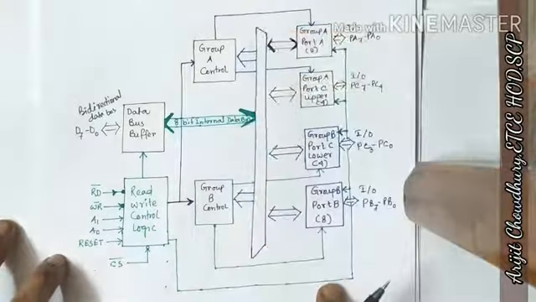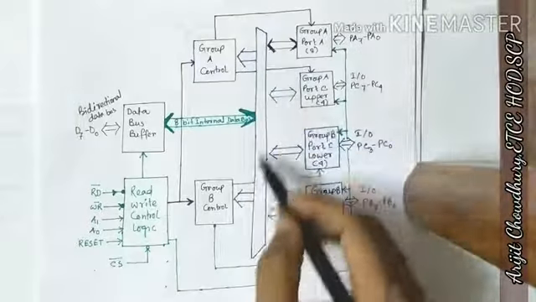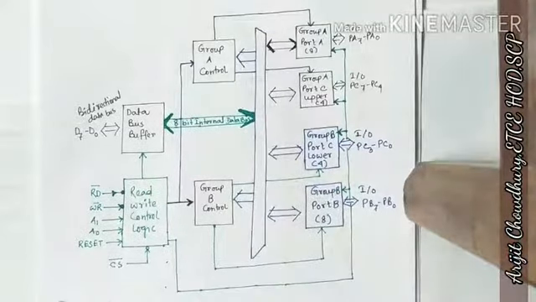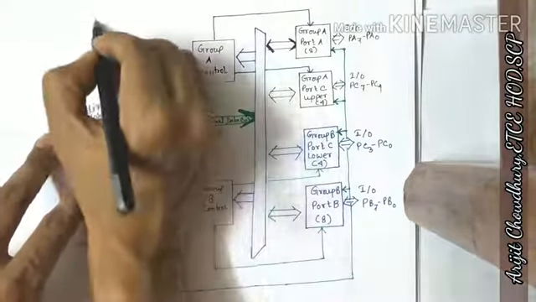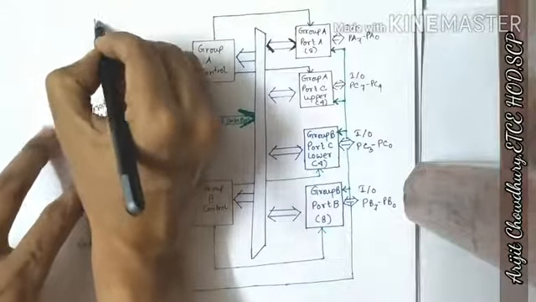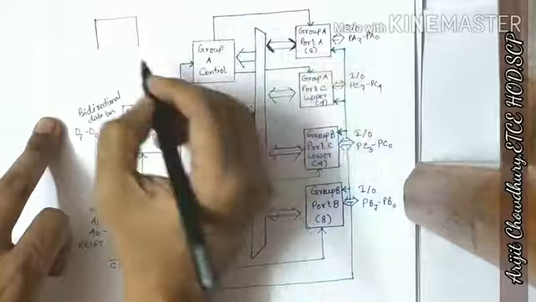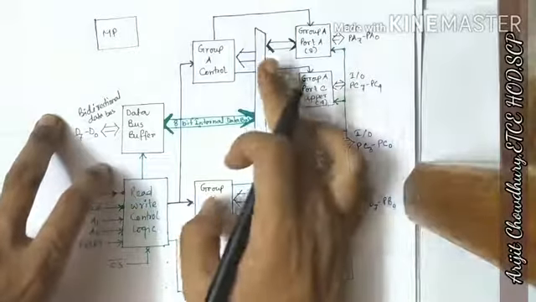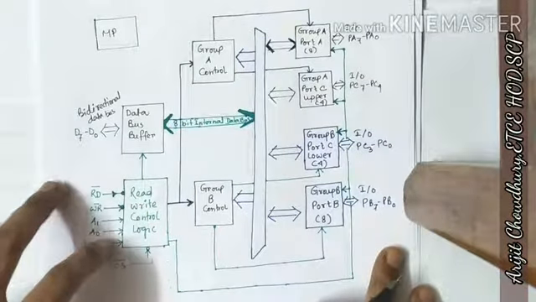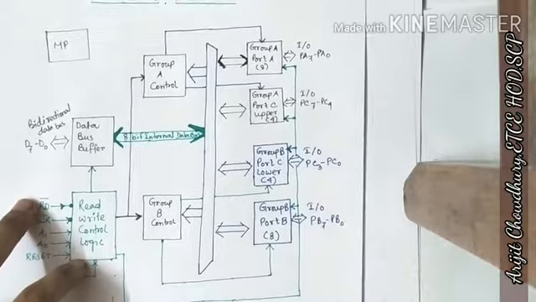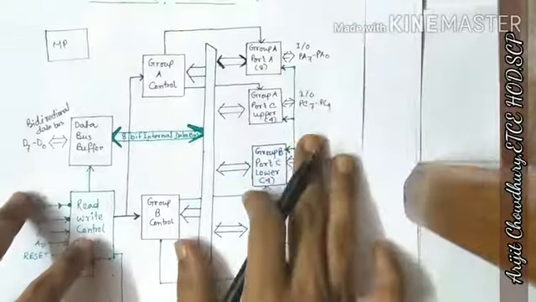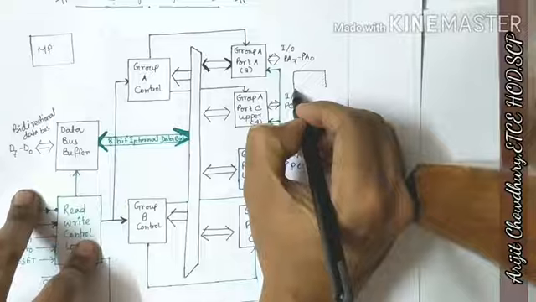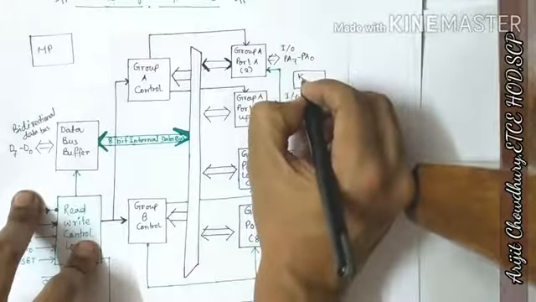The left side of this bus is connected to the microprocessor, and the right side of this bus is connected to the peripherals, such as a keyboard or printer.